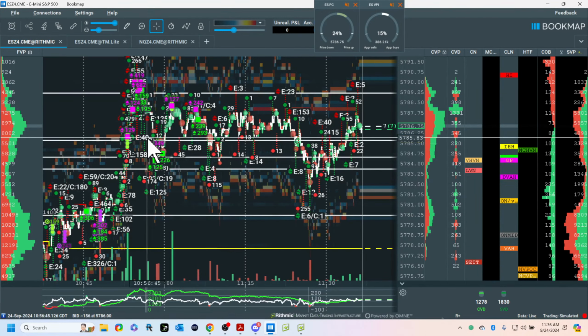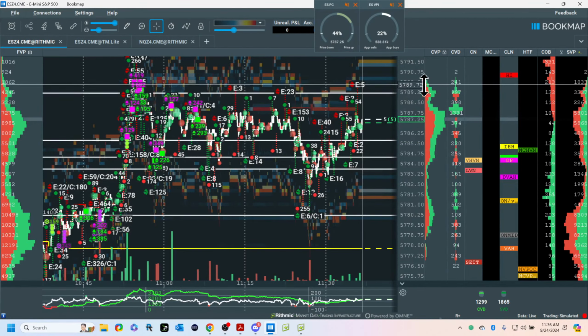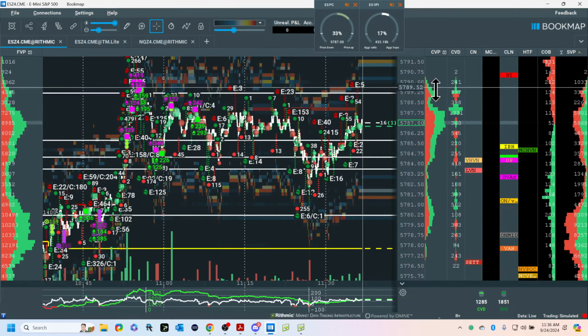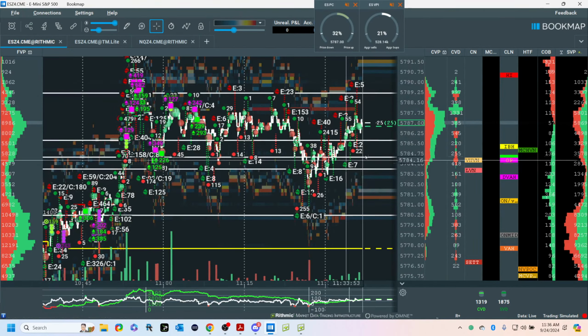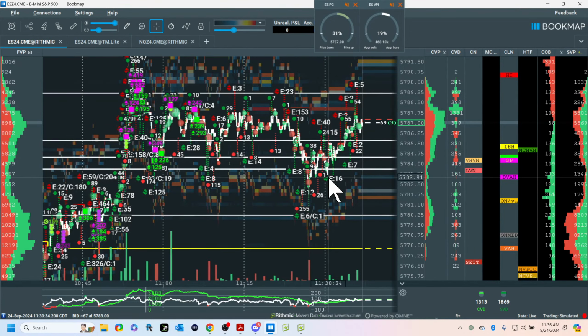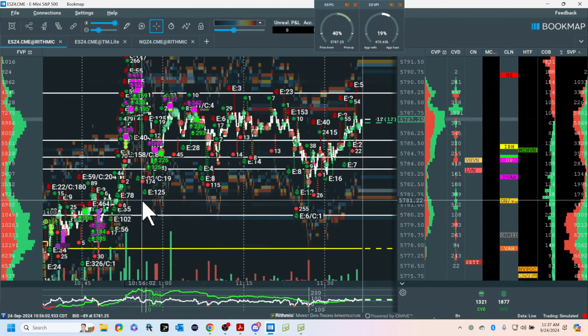So, what I'm trying to do now is come up here. Why? Because this is too high. So, if I think the trend is up, then I want to be long. See the urgency in the buying here?